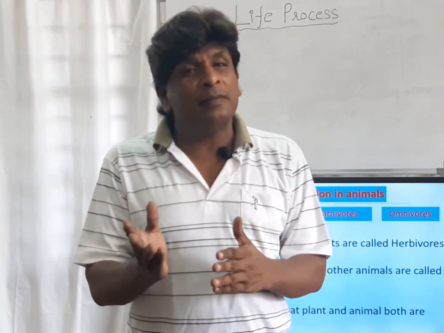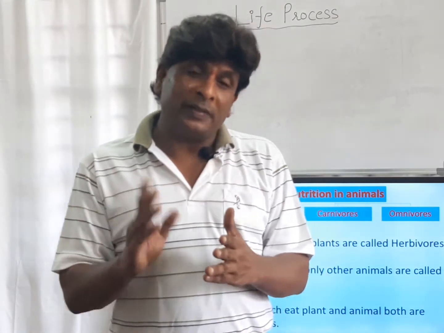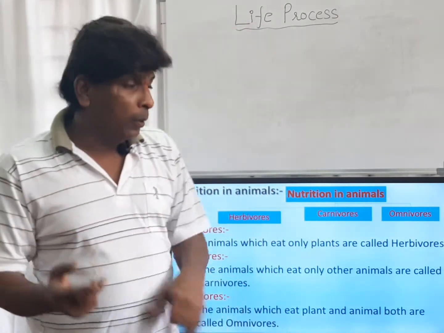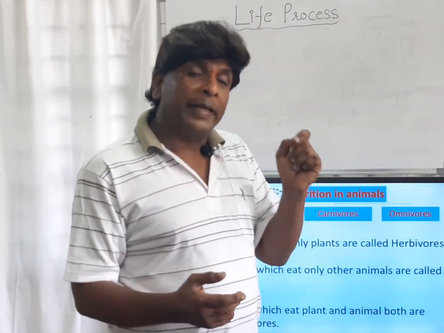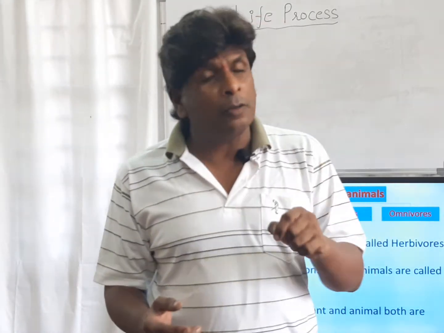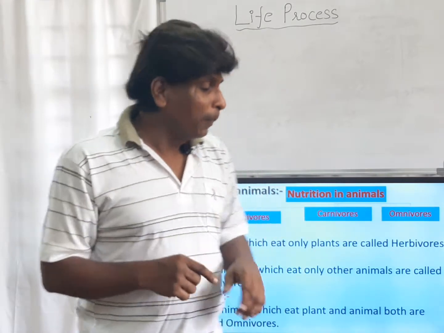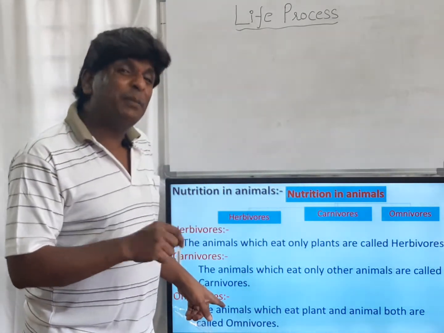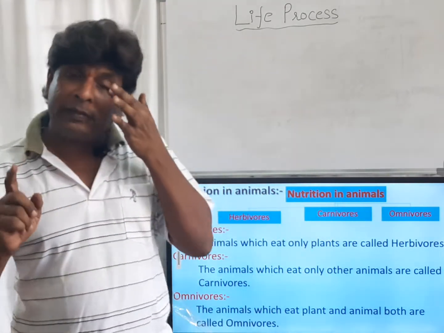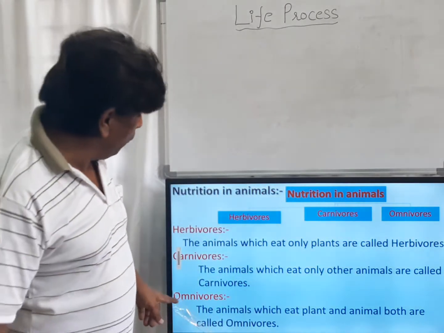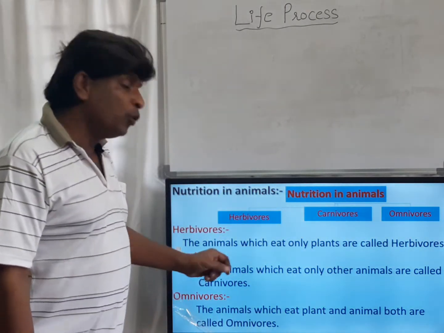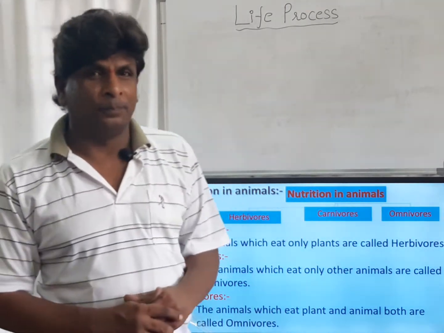Some human beings are vegetarians, and some human beings eat both vegetarian and non-vegetarian. In animals, dog and cat also eat both. Those which eat both vegetarian and non-vegetarian food we call omnivorous.